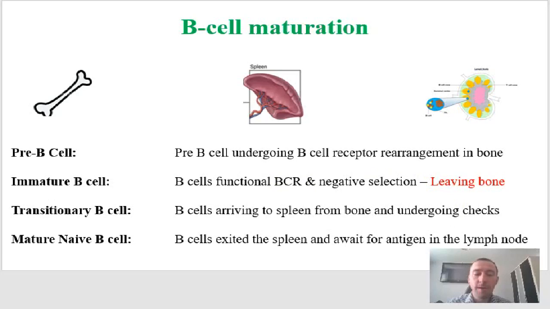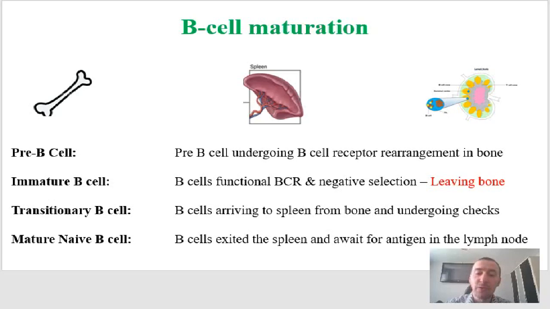In order for the pre-B cell to become an immature B cell, it needs to go through the stages of producing a functional B cell receptor gene. So during the initial stages, it rearranges its gene, and in order to proceed through the process of maturation, it needs to test its new B cell receptor to make sure that it works.